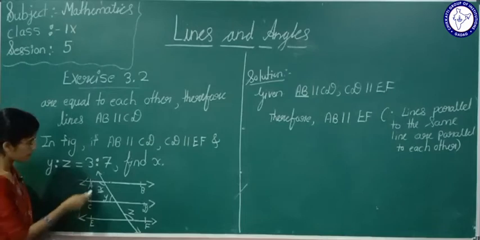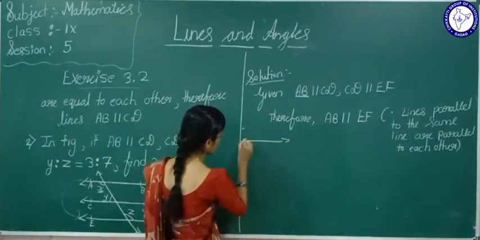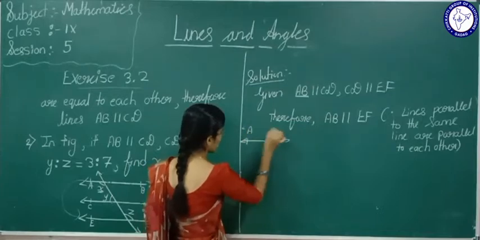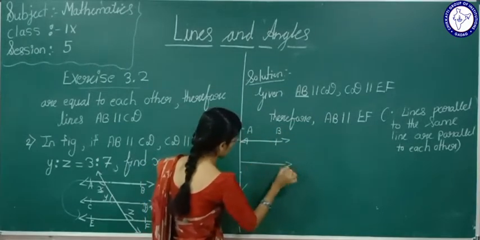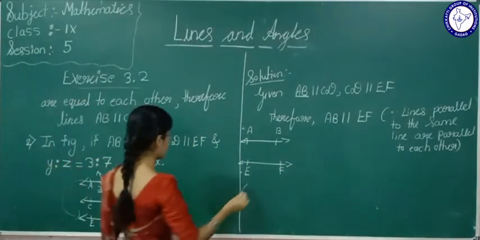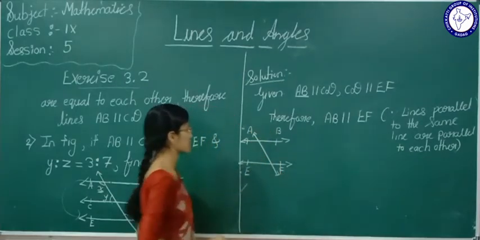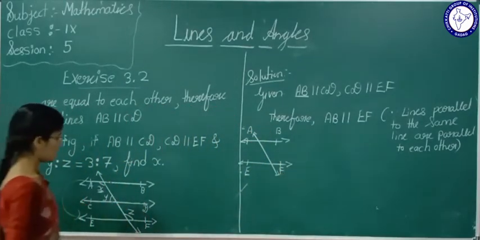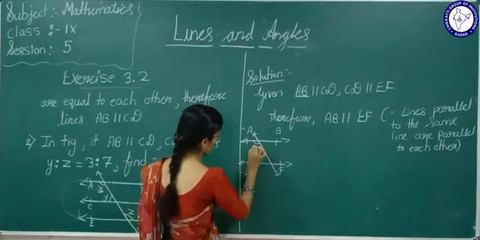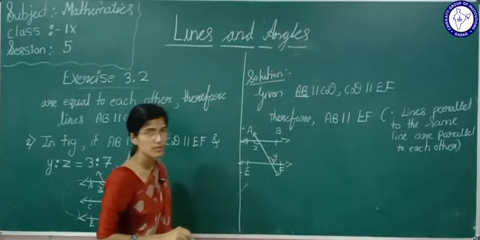Now see here, if AB is parallel to EF, now tell me students here, AB is parallel to EF. Okay. And here this line is a transversal. Here X is there, here Z is there. Again we use a theorem here.